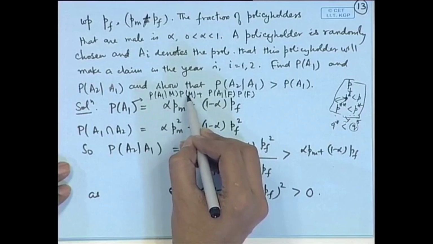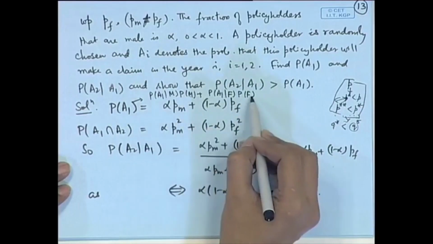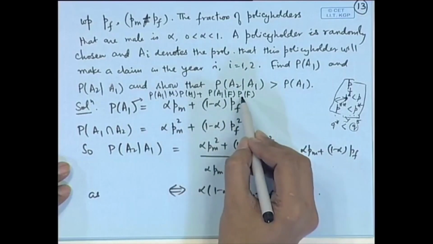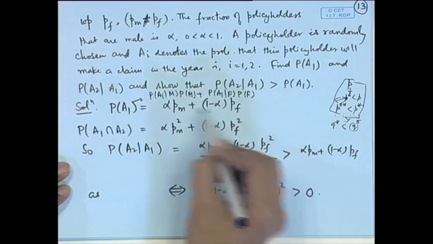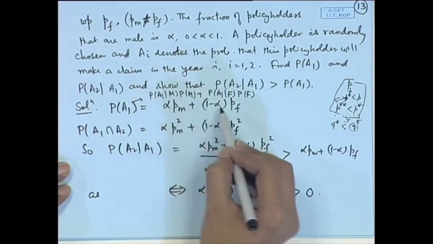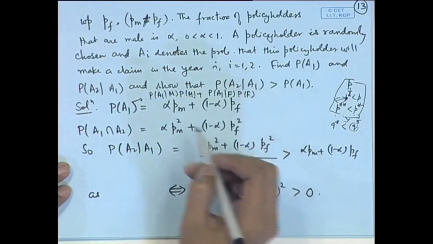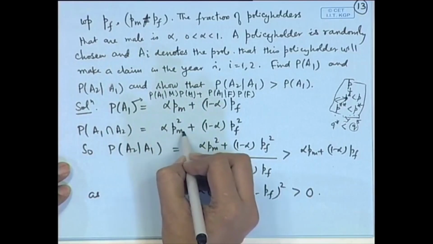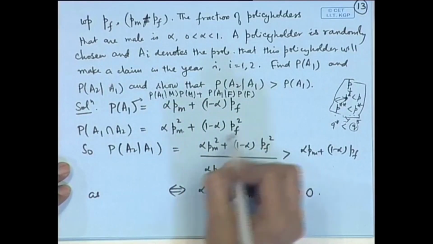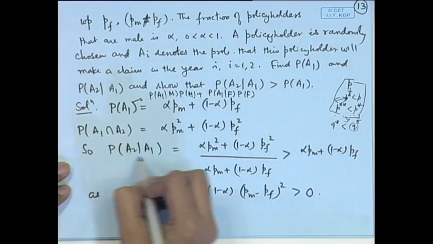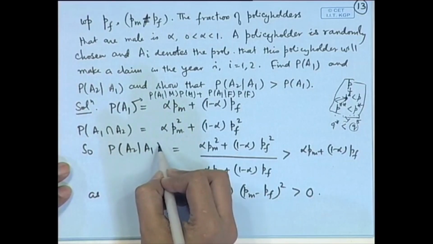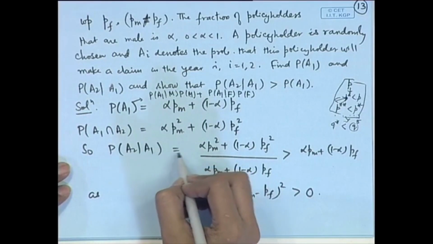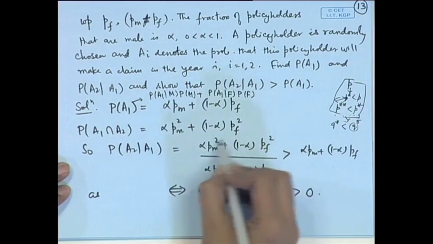So, the probability of a male is alpha and the probability of a female is 1 minus alpha, and the probability of making a claim for a male is P m and for a female is P f. So, it is alpha P m plus 1 minus alpha P f. By using the same argument, the probability of A 1 intersection A 2 becomes alpha P m square plus 1 minus alpha P f square, and therefore, the conditional probability of A 2 given A 1 is equal to the probability of A 2 intersection A 1 divided by the probability of A 1, which is this.